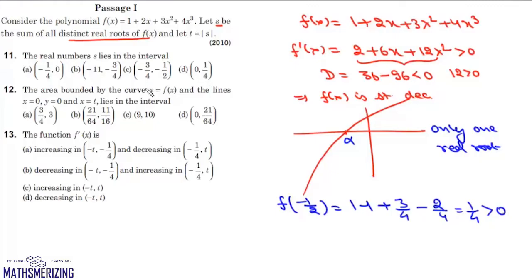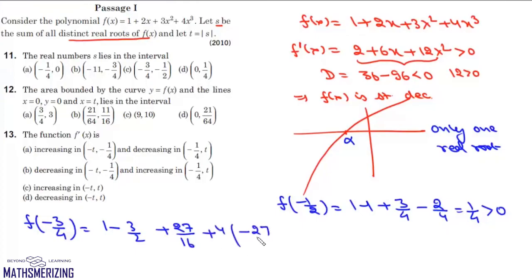And we'll also find f(-3/4). Now f(-3/4) will be 1 minus 3/2, plus 27/16, plus 4, minus 27/64.